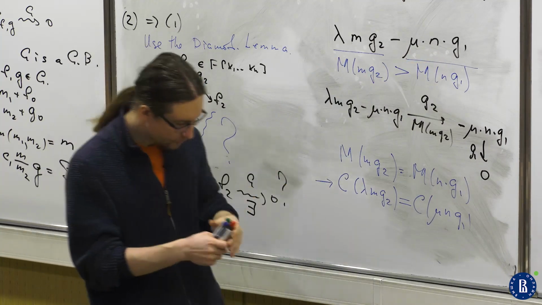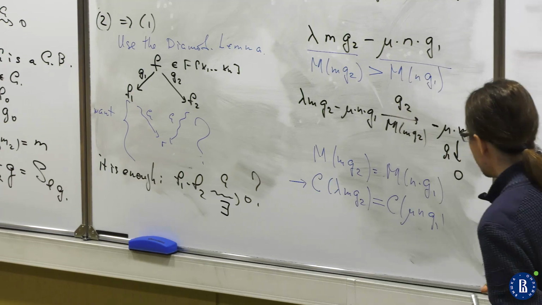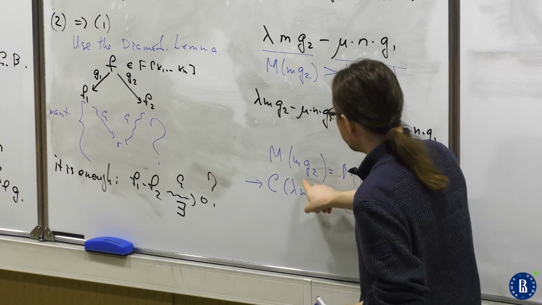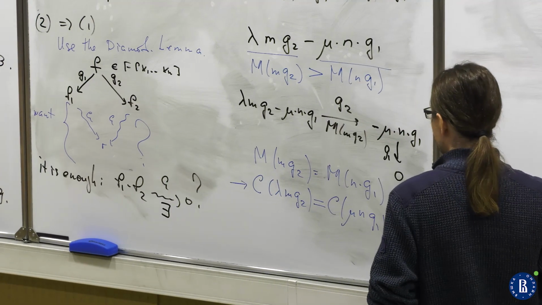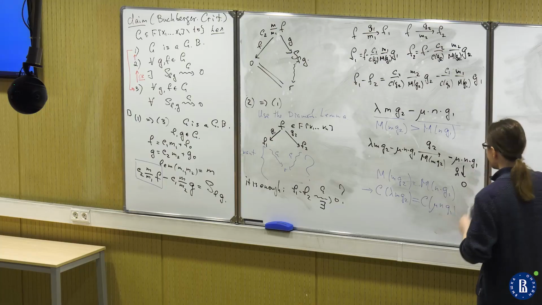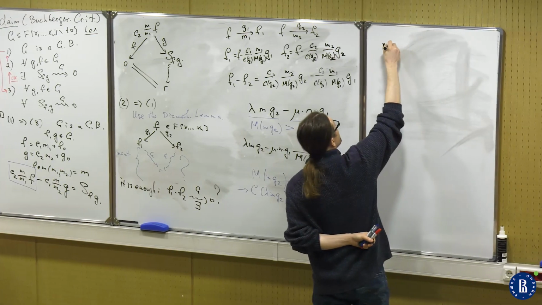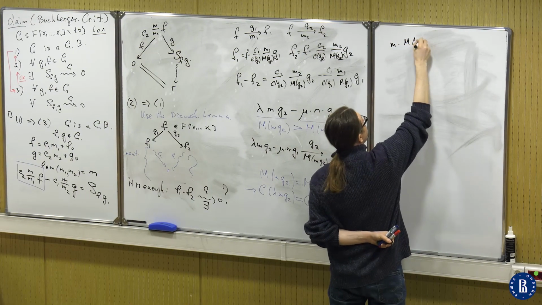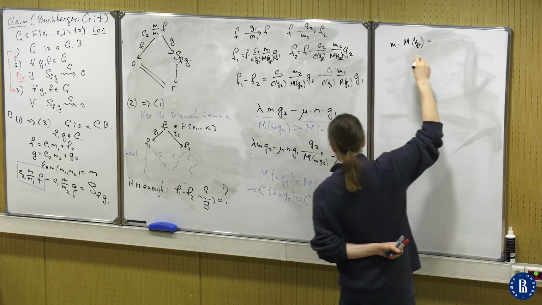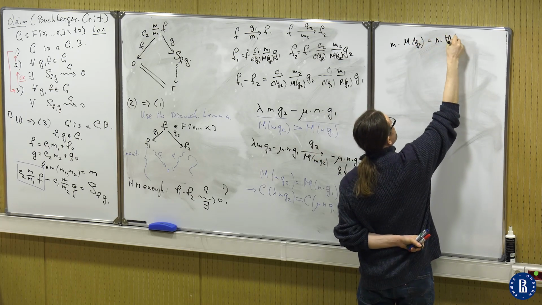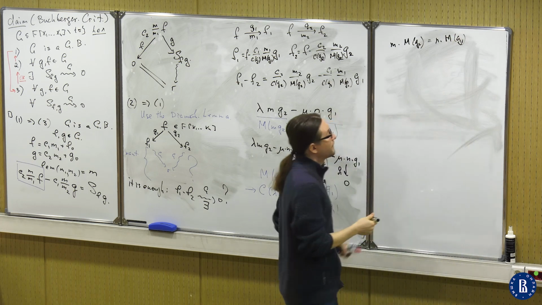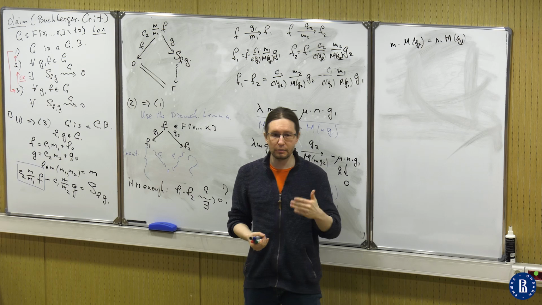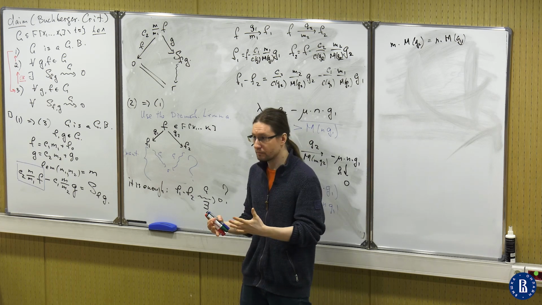But what does it mean that these leading monomials are the same? It means that m times the leading monomial of G2 equals n times the leading monomial of G1. So this leading monomial is divisible by the leading monomial of G1 and G2.